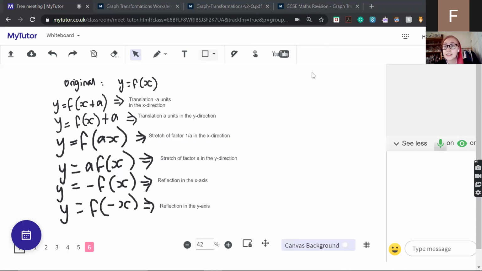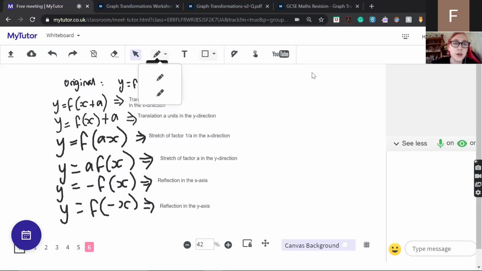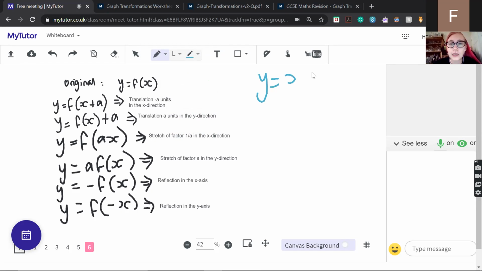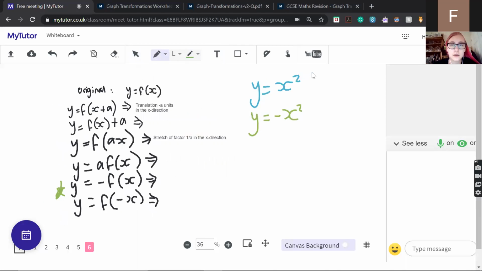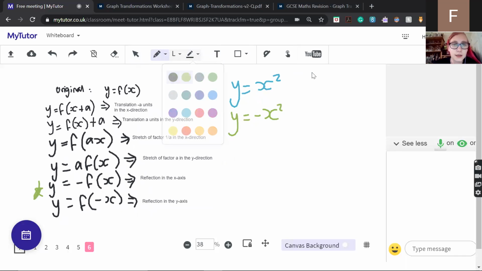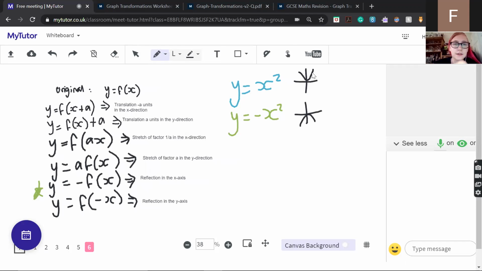The way that I always think about this is by thinking about the case where f of x is x squared. You don't have to write this down unless you want to. This is just an example, where y equals x squared. What y equals minus f of x means, this first one, is that we take our f of x, which is x squared, and we just make it minus. So y equals minus x squared. Let's think about these. y equals x squared looks like this. y equals minus x squared looks like this.